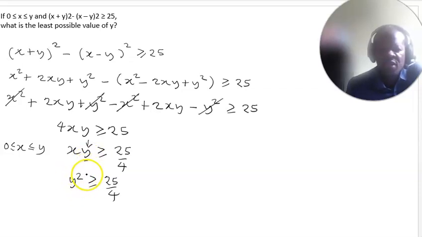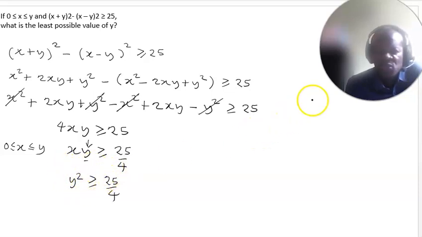Now, one major mistake that can be made here is to multiply the powers on both sides of the inequality by 1 over 2. Normally, when you are solving, you try as much as possible not to cancel the degree of an equation or of a term, because that may prove fatal to the question.